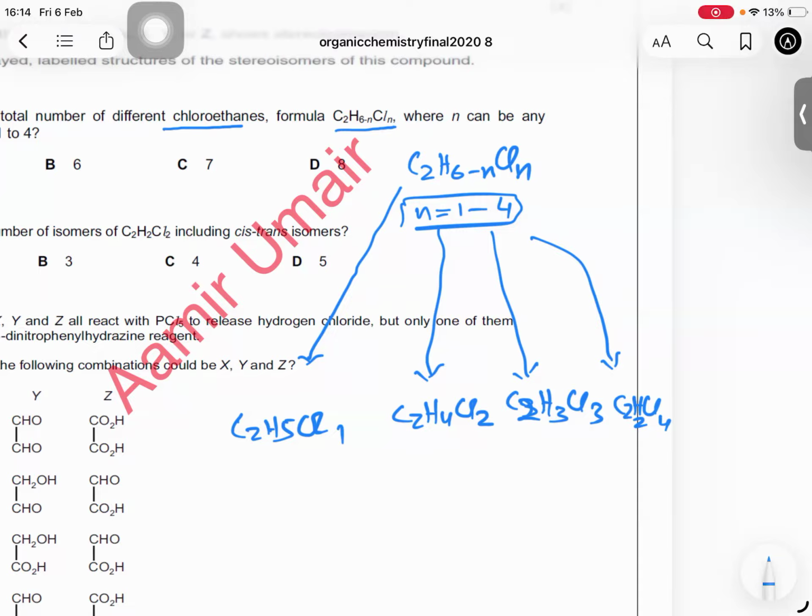This one is easy. There's no double bond. It's equal to 6, it is an alkane, it doesn't have that one. Okay, so one, that's good. Two isomers. Three isomers.